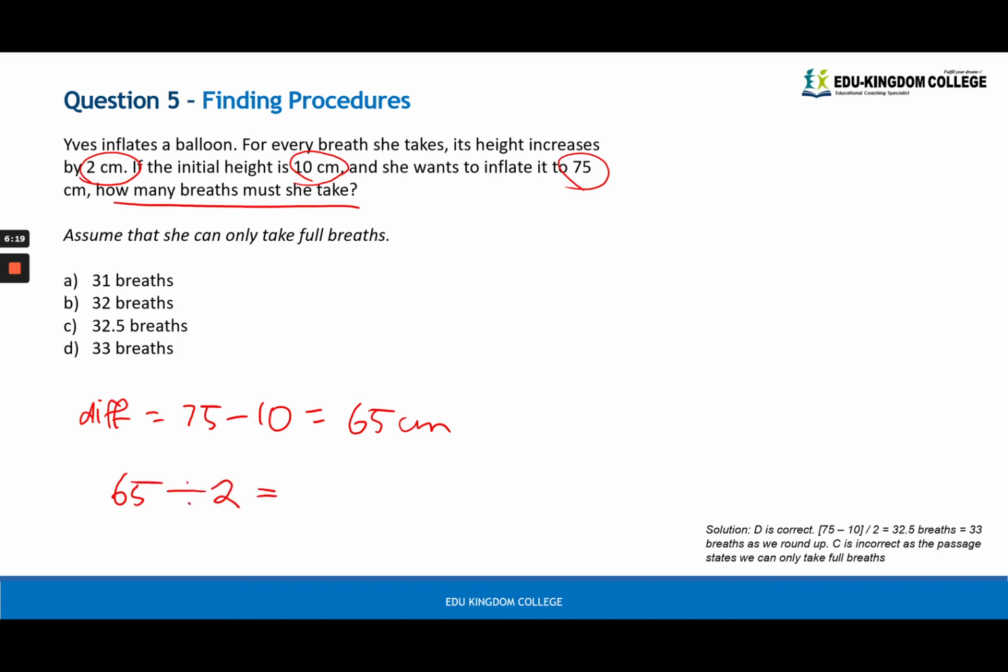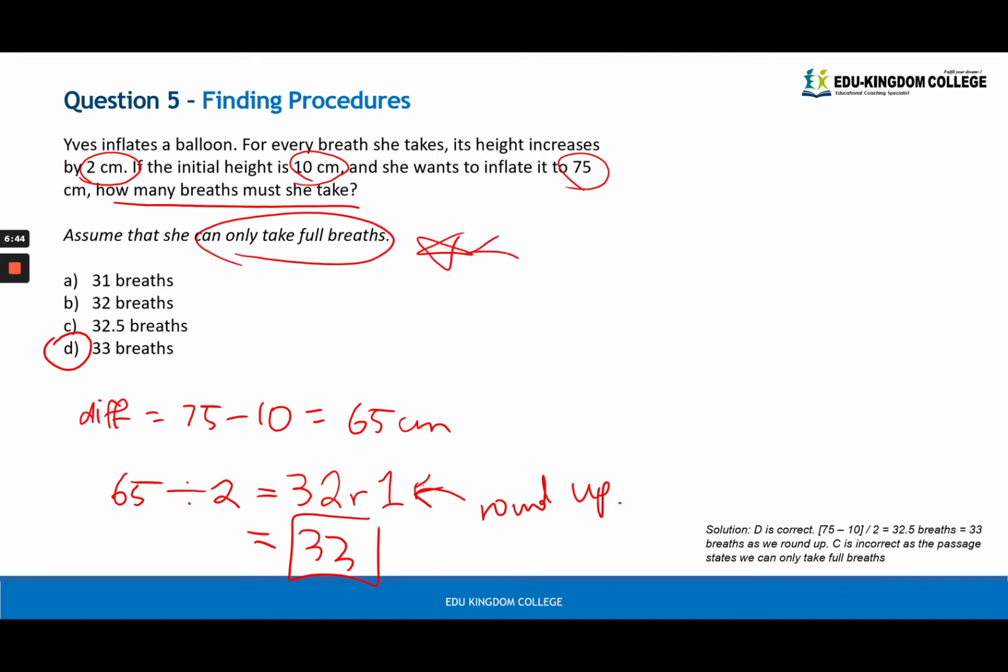And you actually get 32, remainder 1. Remember, you can't have half of a breath or the remainder, so you have to round up. She's got to get to 76 centimeters, but that is better than being under. So round up to 33. So D is the answer. And it says here she can only take 4 breaths at a time. Okay, don't forget that.